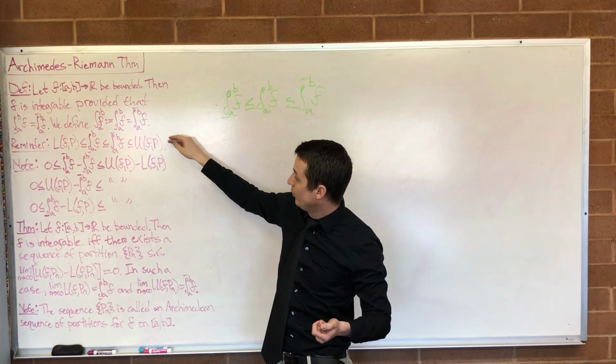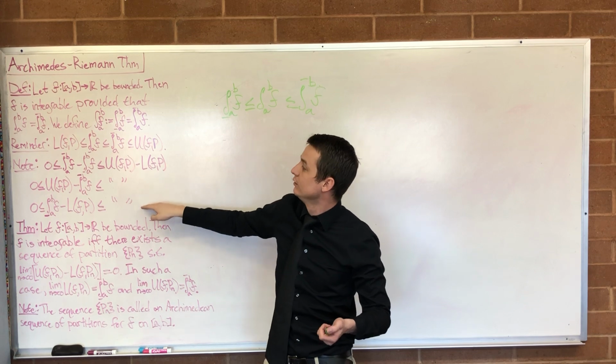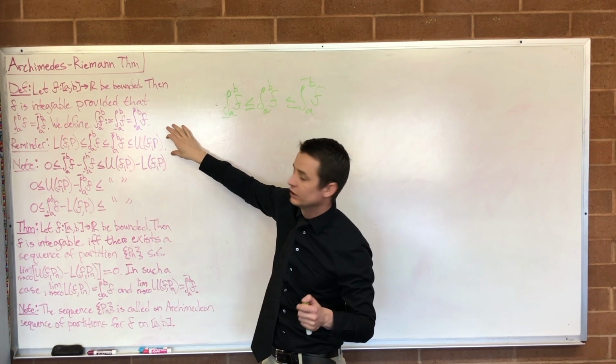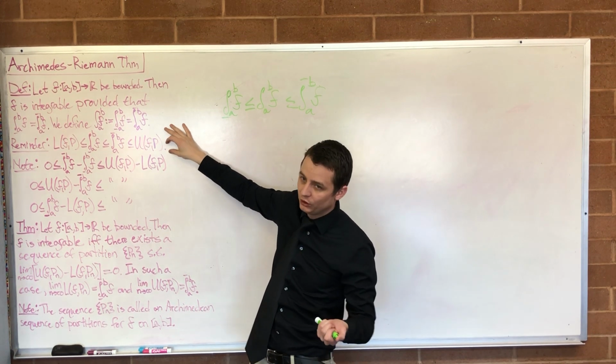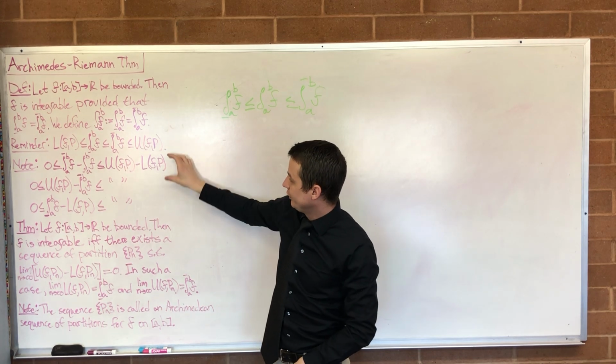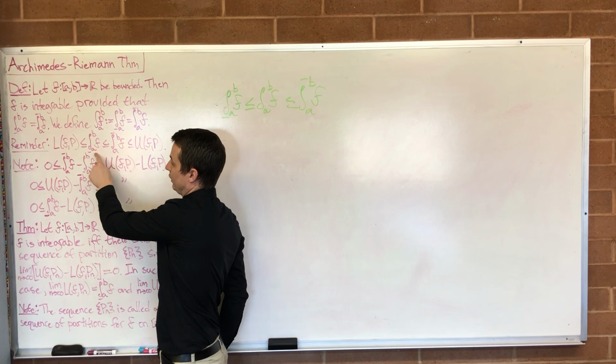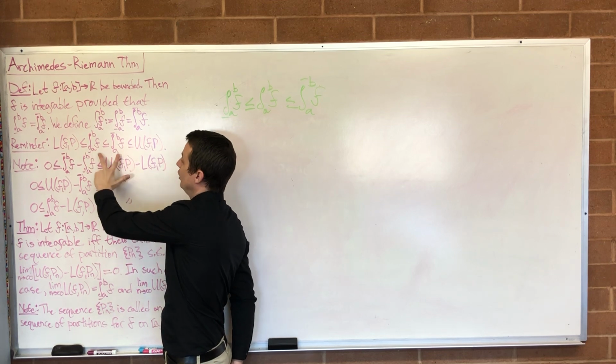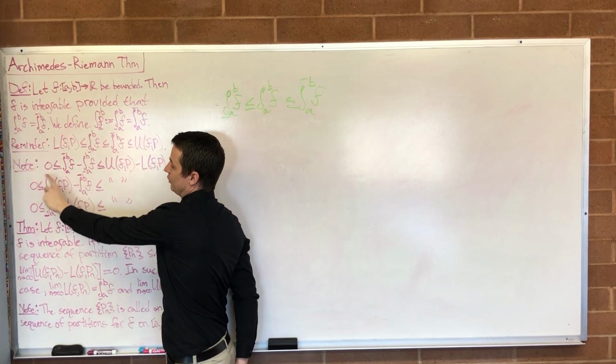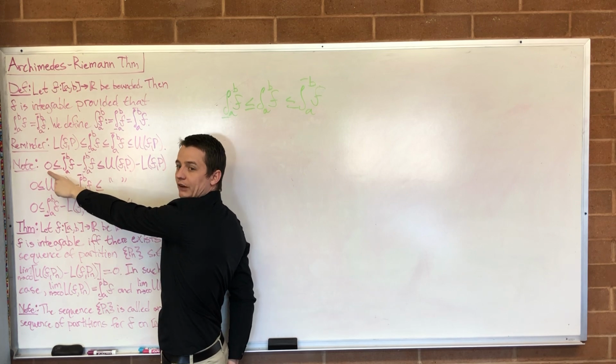Okay, so I'm just going to write this inequality. I'm going to write information from this inequality in 3 different ways that turn out to be useful to reference. So let's make sure each of these inequalities makes sense. First off, since this number is bigger than this number, or they're the same, when I take their difference, I get something greater than or equal to 0. That's our definition of inequalities.